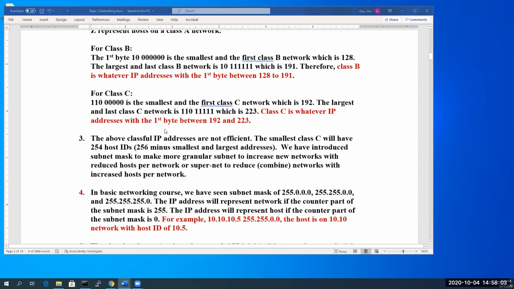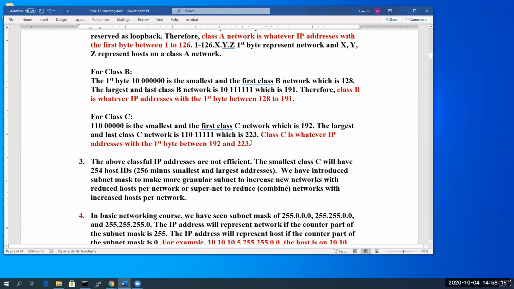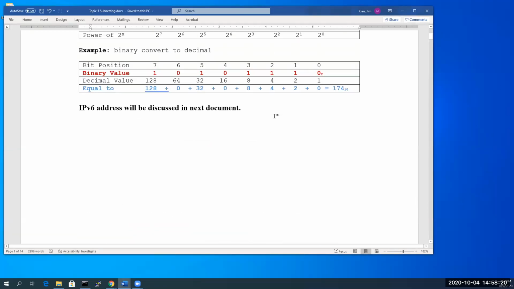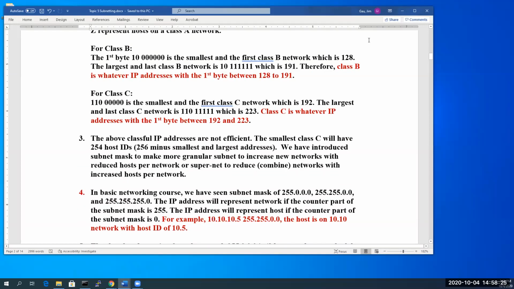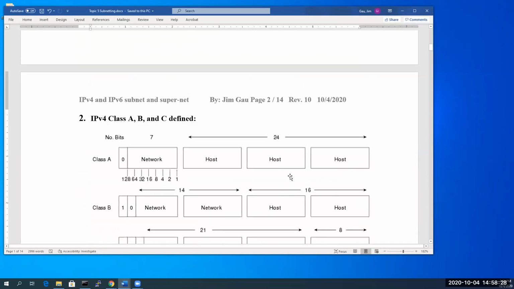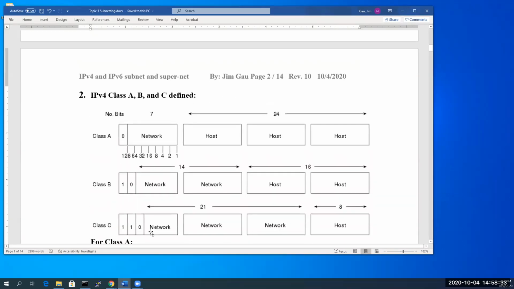So that's a quick rundown for class A, B, C, classful addressing. And this is not efficient because you know that the smallest one will be a class C. If you look at a class C network, you will see the network address look like this: network, network, network, and the host.